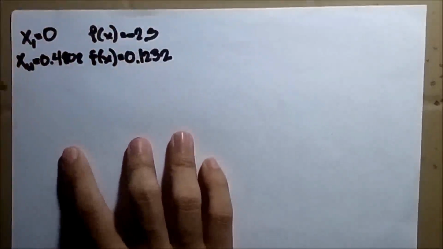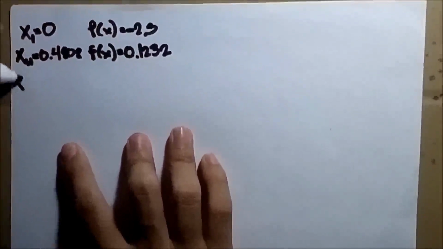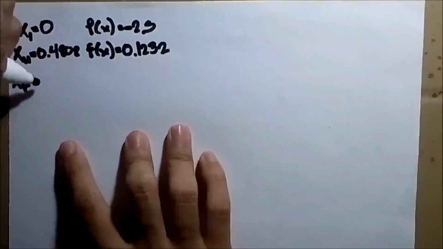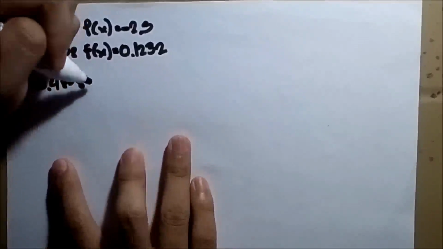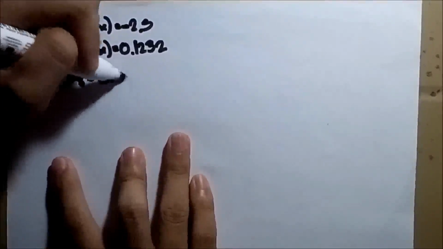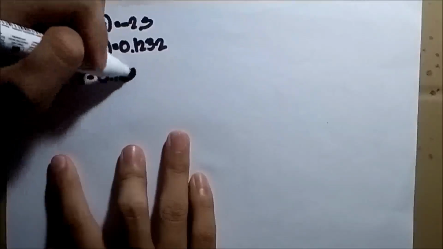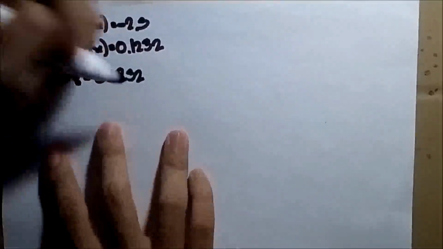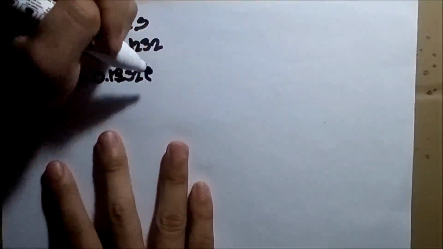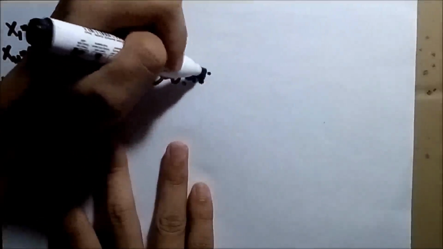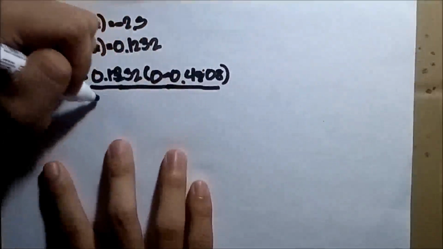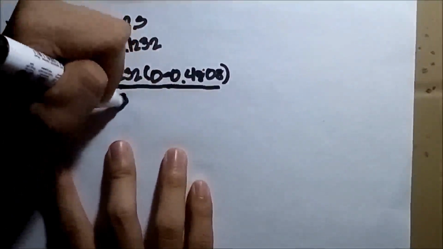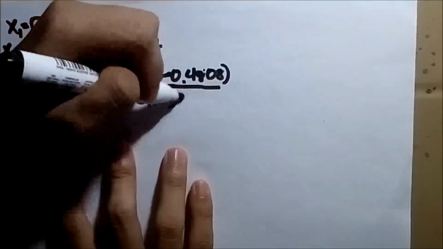Then, same steps, x_r equals 0.4808 minus 0.1232 as the function of x_u times (0 minus 0.4808) over negative 2.3 minus 0.1232.